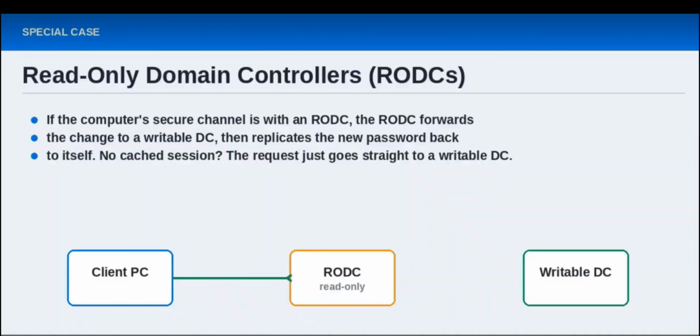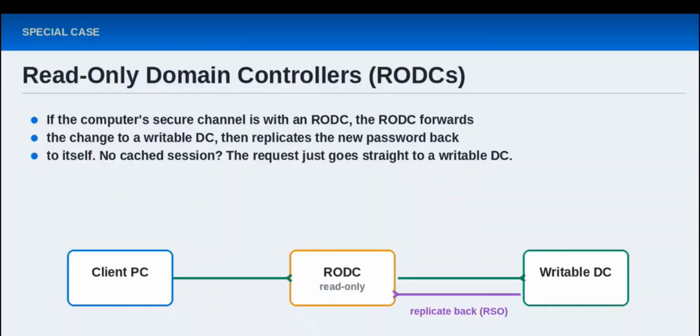After the writable DC updates the password, the new information is replicated back to the RODC. And if the client does not already have a cached secure channel with the RODC, Windows simply contacts a writable domain controller directly. So that's how the RODC plays an important role in Active Directory.